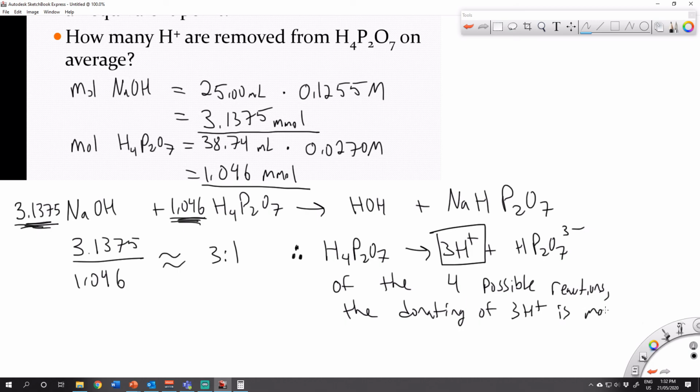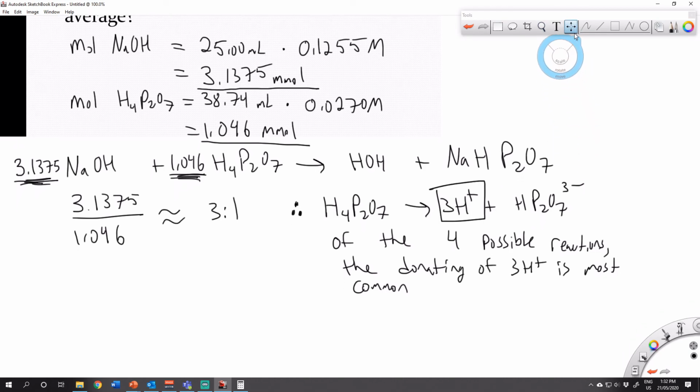That's not to say that the other donations don't occur. They just don't occur as often as the 3 donation one. So the titration data will allow us to determine which is the most likely case to happen, and that'll allow us to do other calculations based on this new information.